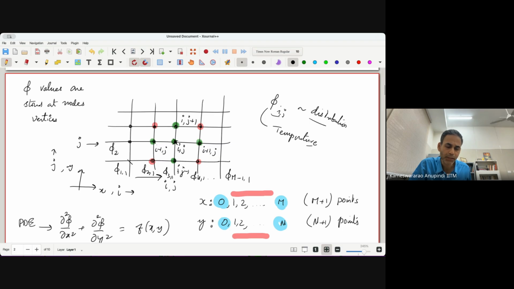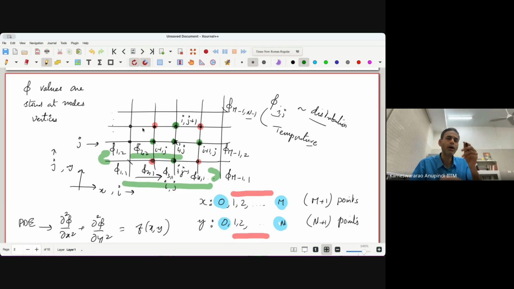Then I can write the next unknowns as phi 1,2, phi 2,2, and all the way to phi m minus 1,2. Then I can keep doing that until I reach phi m minus 1, n minus 1. So I am essentially going in an order: you finish all along x, then you go back and start with all along x again, and so on. We are writing all the unknowns in increasing order of i first and then j next.